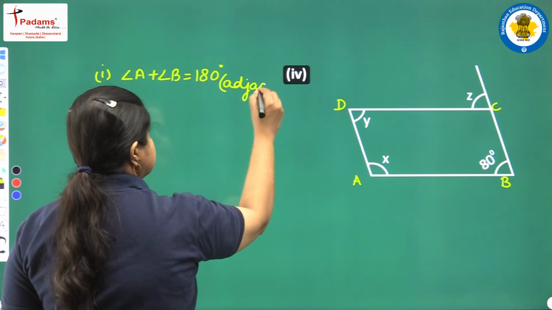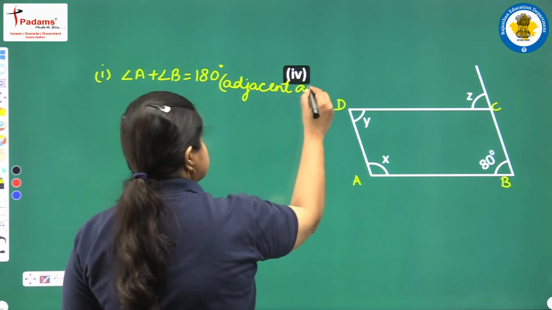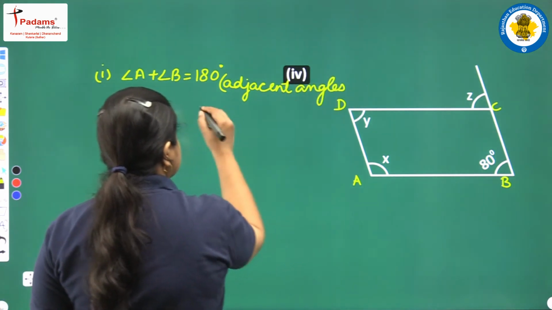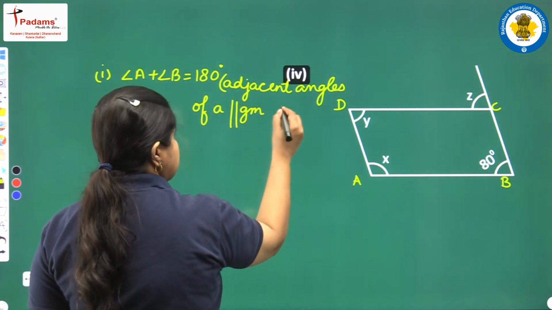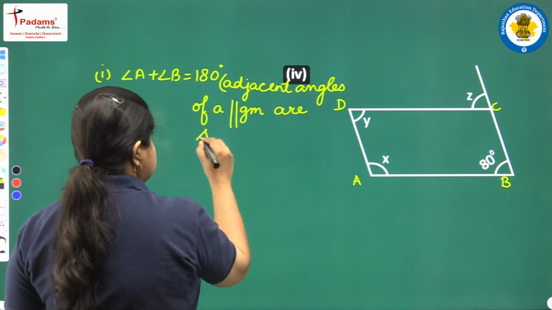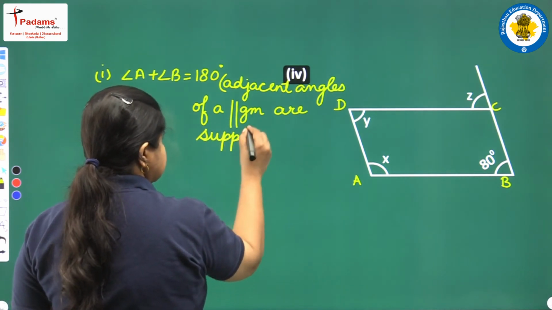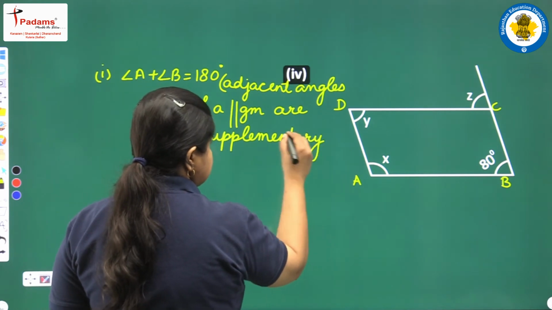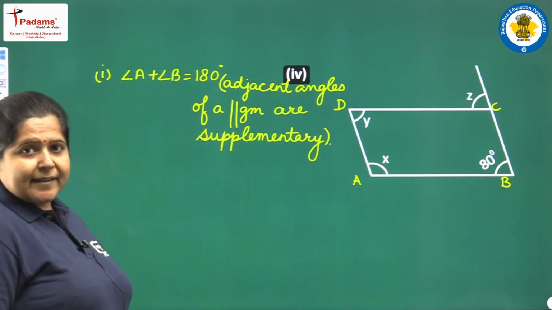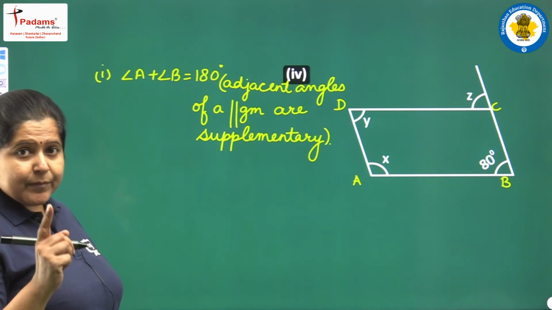Adjacent angles of a parallelogram are supplementary. Clear? Adjacent angle means the neighbors.